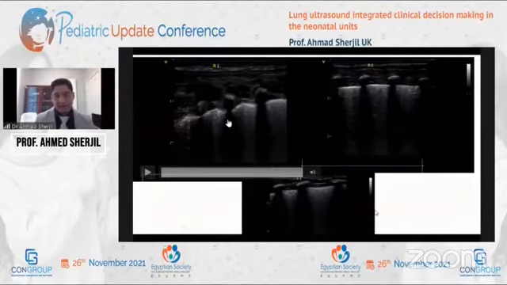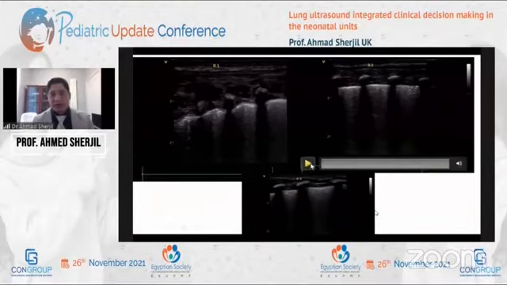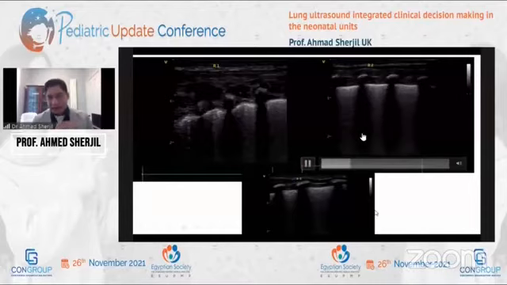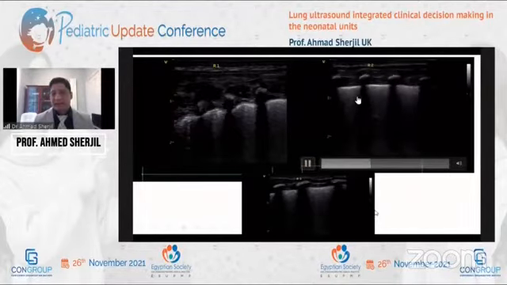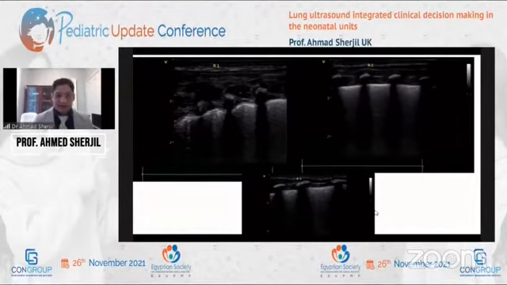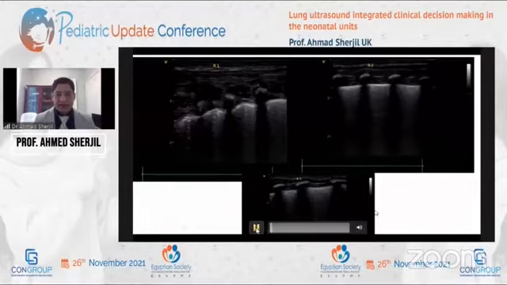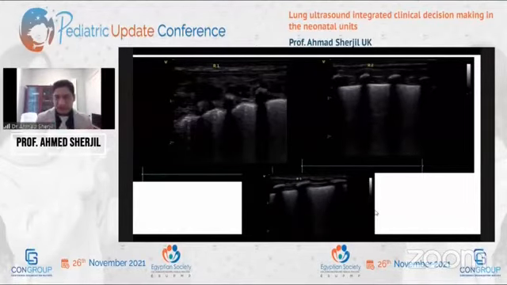Then move on to the R2, which is the right lower zone. Again, a similar picture, but a little bit better pleura here, lots of B lines, and then the lateral side moving. So I made an impression of what the right side looked like.